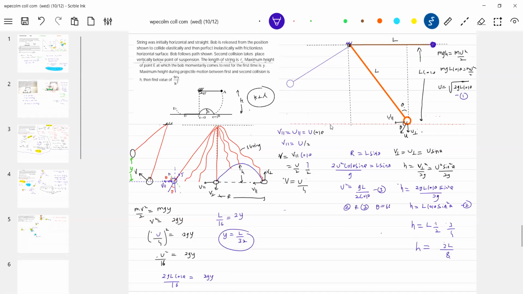Okay, now we'll substitute all these things, we'll get the required thing. Okay, just do one thing. The main concept is if it collides here inelastically, the very next moment the string will become loose and it will just slide on the ground. Then again string will become taut, it will ascend. That would have been the case. Here elastic collision means it will describe a parabolic path. Here inelastic, then it will slide on the ground, then string will become taut, then it will ascend here.